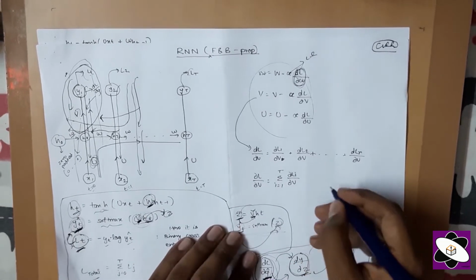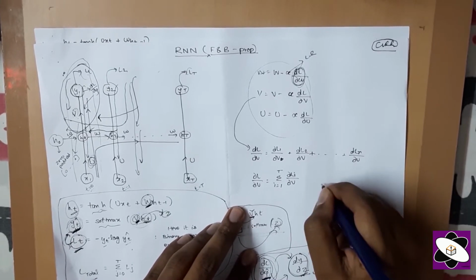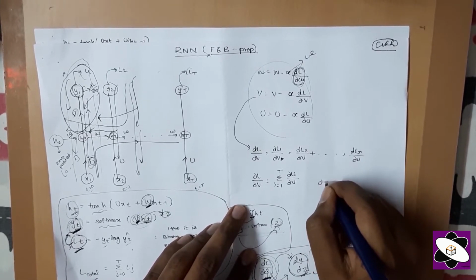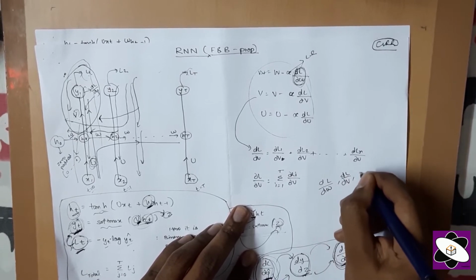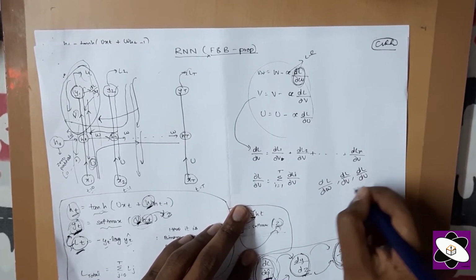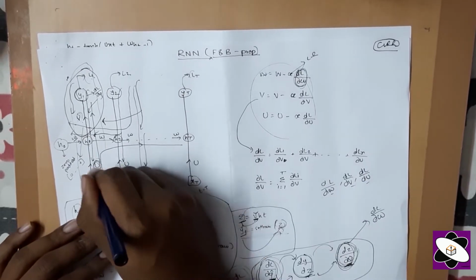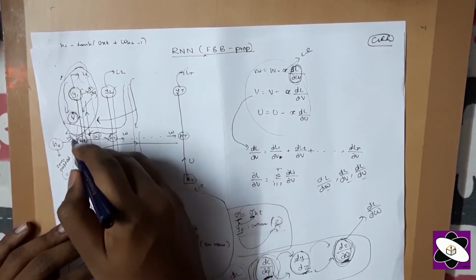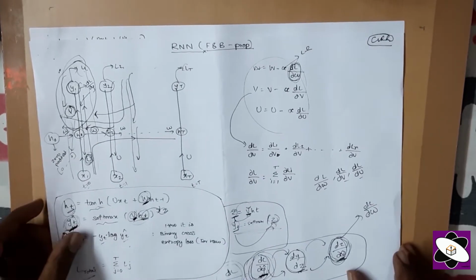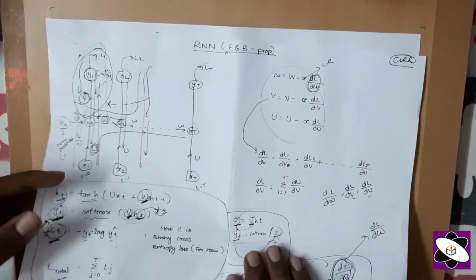So in a nutshell, we need to find dL by dW, dL by dV, and dL by dU, because these are three weights, as you can see: U, W, V. We will first find V, and then we can get W, then we will see U. So this we are going to perform in back propagation.